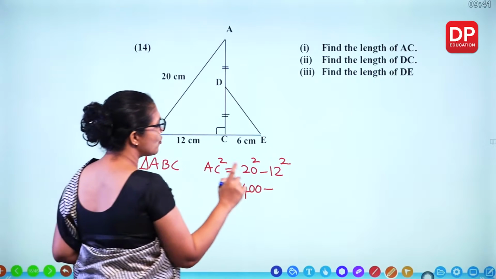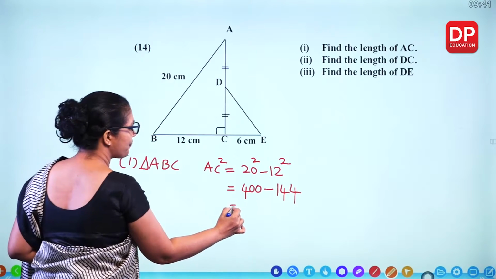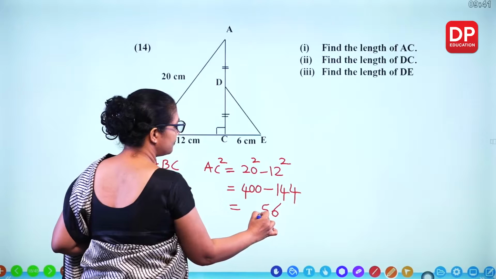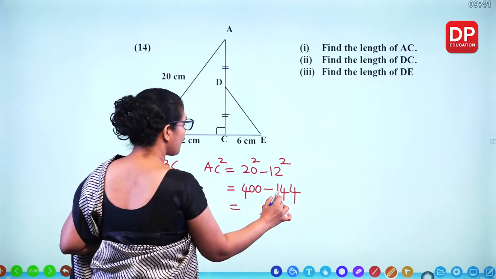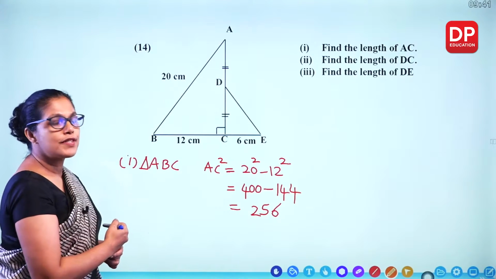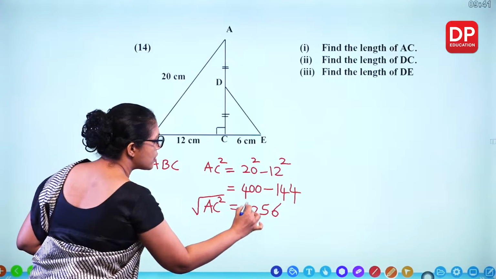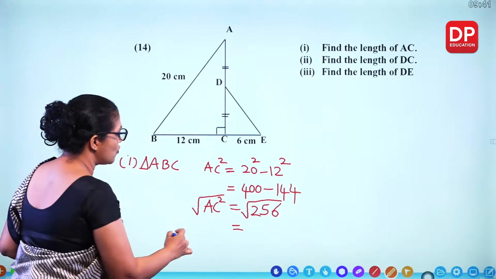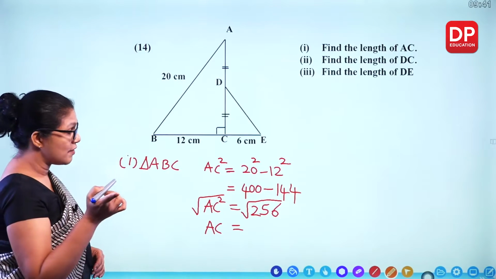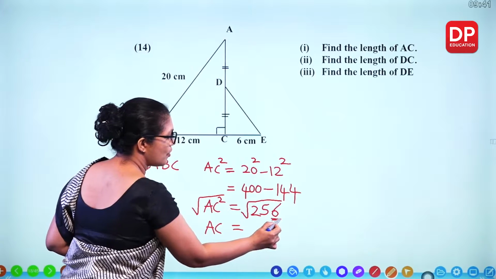You need to know square terms. 144. Subtract. 256. So when you take the square root of both sides, you get the AC length. What's the value?